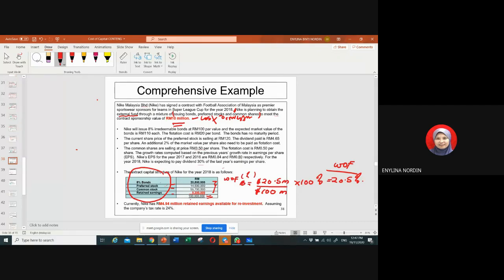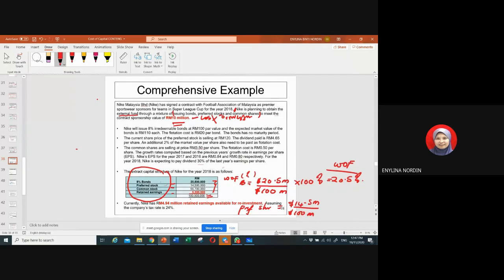Okay, what about preferred stock? Out of 100 million, berapa percent is contributed by preferred stock? So it depends on its value lah. So for the preferred stock or preference shares, how much is contributed to the capital? 14.5 million ringgit. Divide by the total capital available here and multiply by 100%.